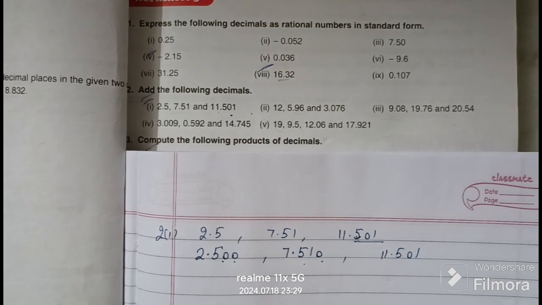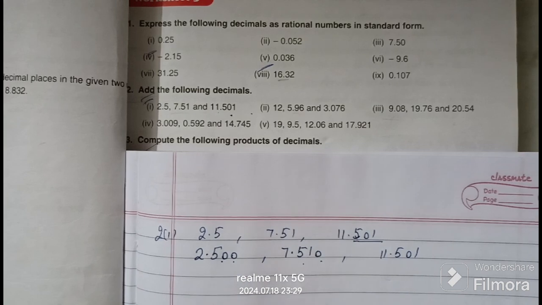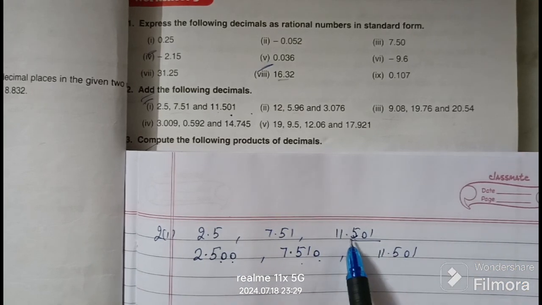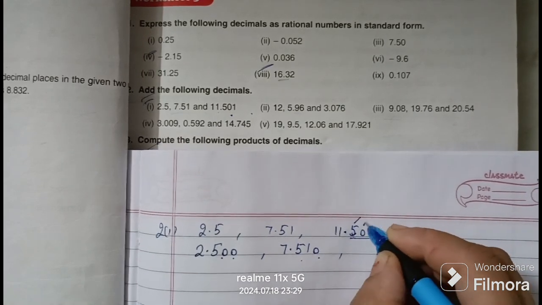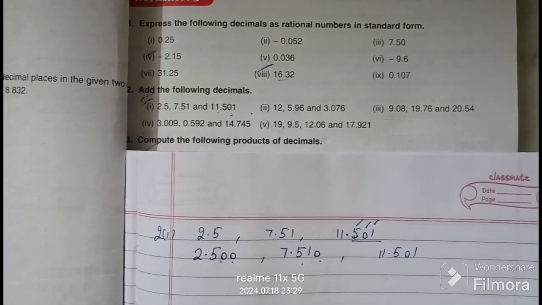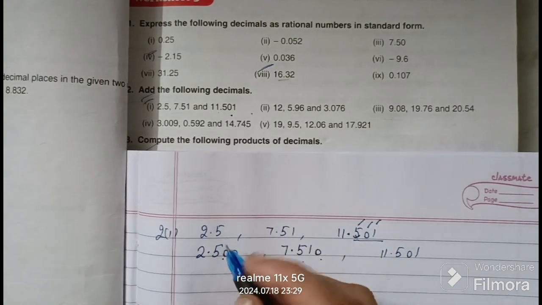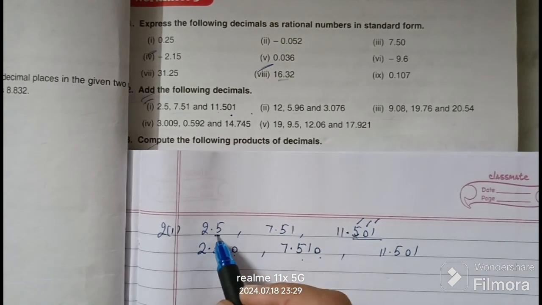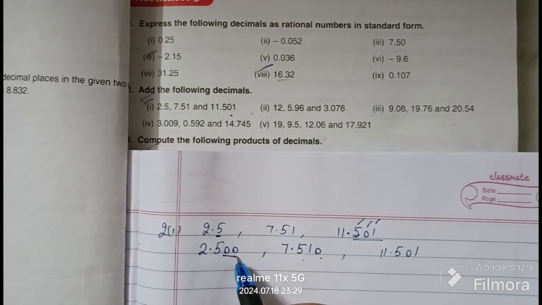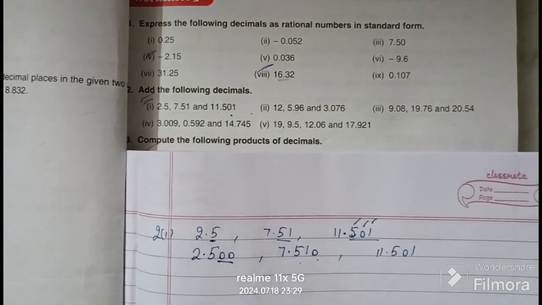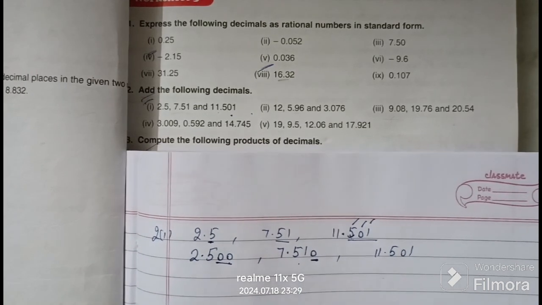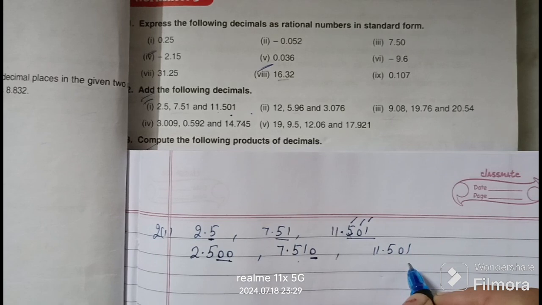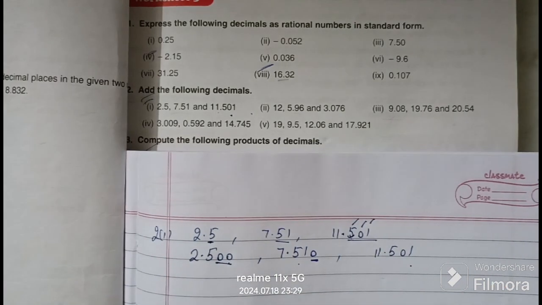So in short, firstly I have to check how many maximum digits are there after the decimal sign. Decimal के बाद maximum number of digits कितनी है, 1 2 3. So I have to make sure कि हर decimal representation में decimal के बाद 3 ही digits हो, but there is only 1 digit after the decimal, so I am going to add 2 more zeros. Here there are only 2 digits after the decimal, so I have to add 1 zero. Here there are the maximum number of digits after the decimal, so I have to do nothing.